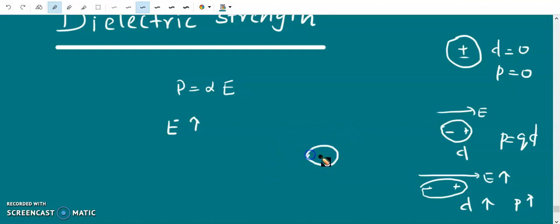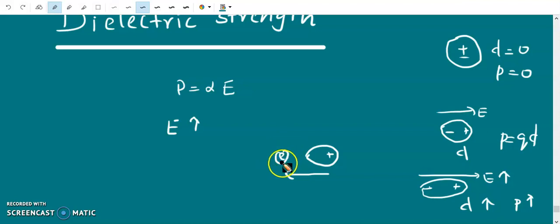The separation distance increases, and therefore the electric field can overcome the electrostatic force of the nucleus and the electron escapes. So now they are free electrons.